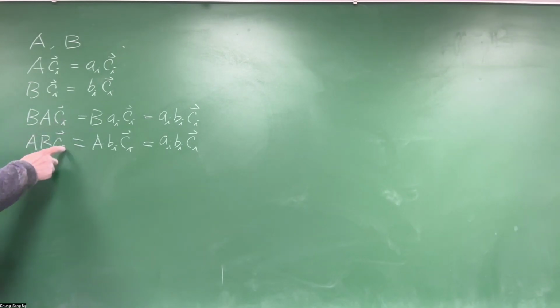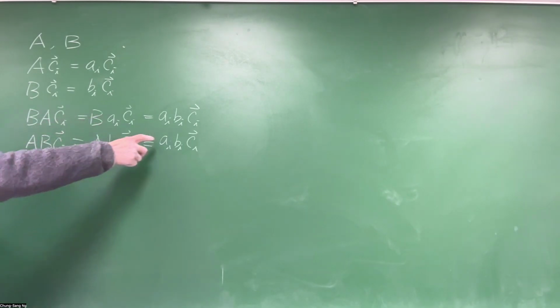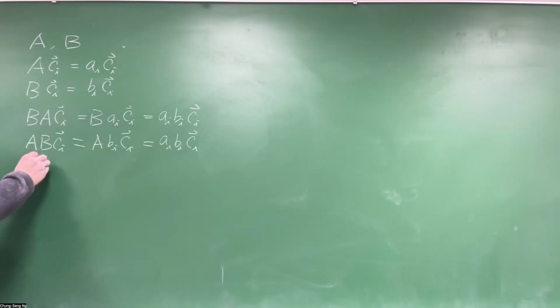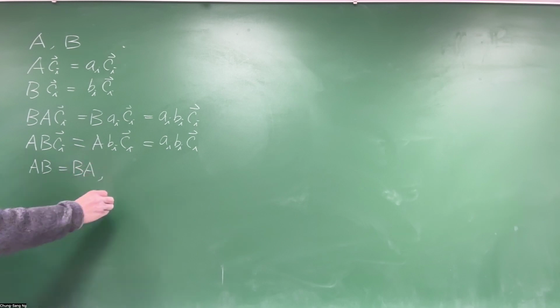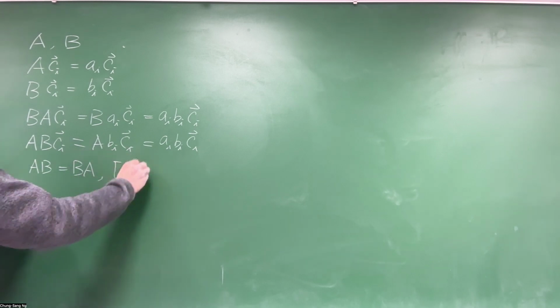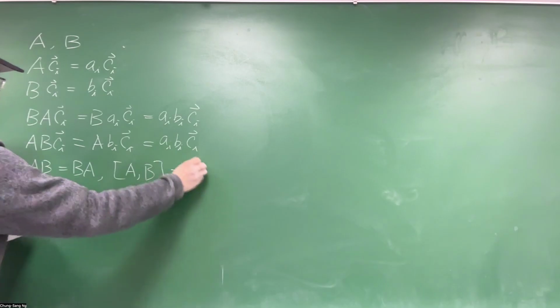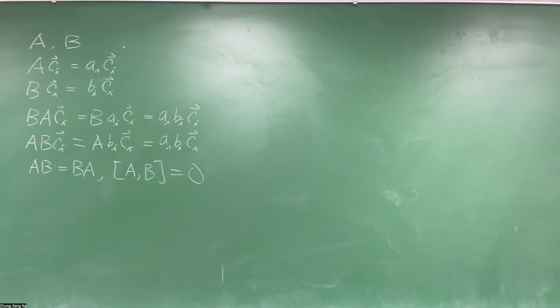They are all the same. So in order for this to hold, AB must equal BA, or the commutator is 0. If A and B commute, then they can have the same set of eigenvectors.